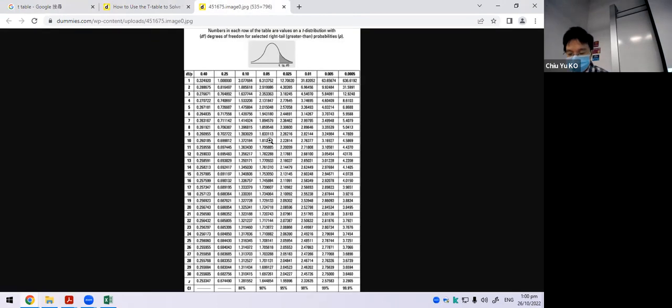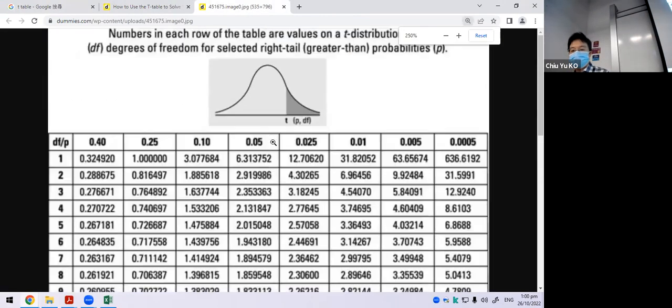Of course, you can construct this easily. Remember the tail here is 0.025, because of the tail.